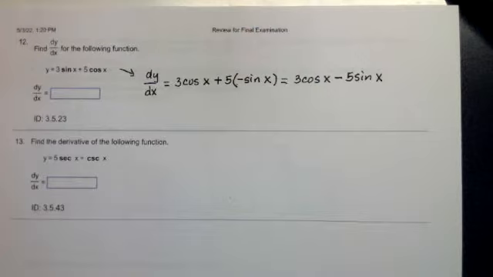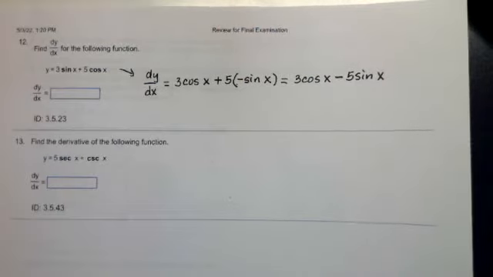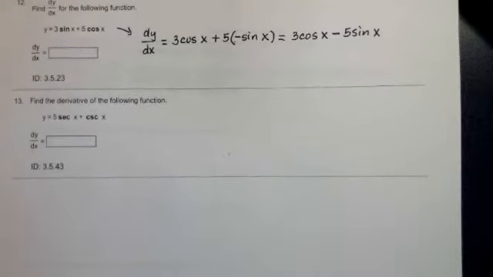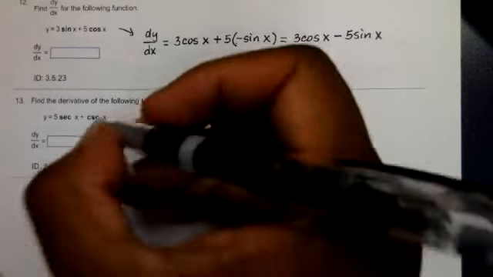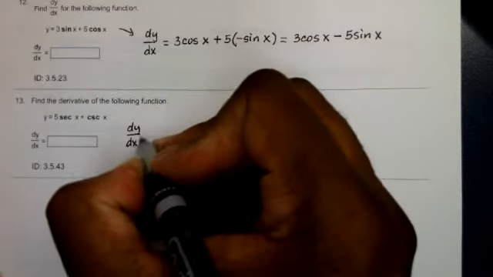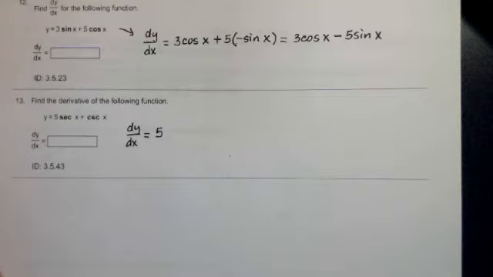All right, number 13 is finding the derivative of y equal 5 secant of x plus the cosecant of x. Okay, so in this case here, this goes back to your derivatives of trigonometric functions here. So in this case here, dy dx is this. Bring down the 5 and take the derivative of the secant of x.